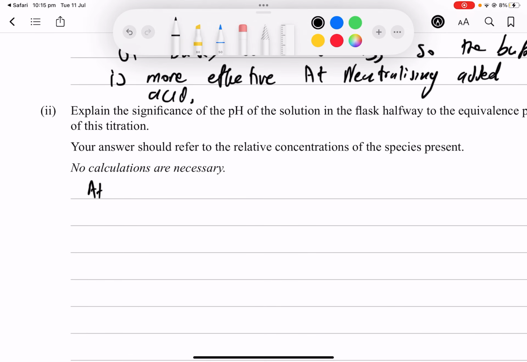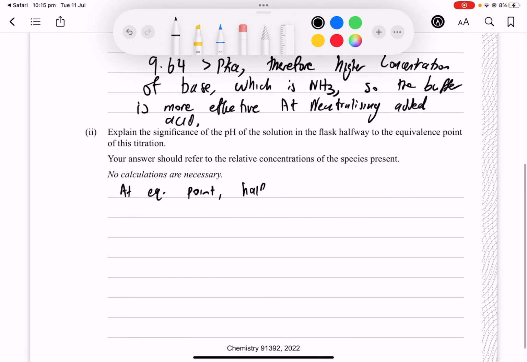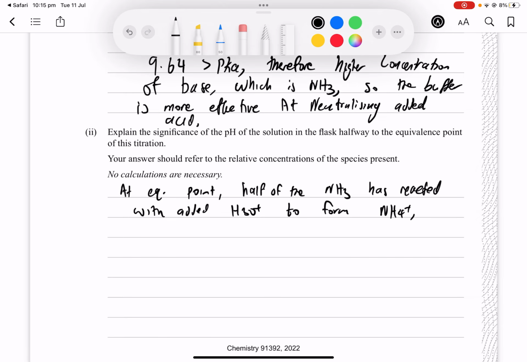So at the point halfway to equivalence, I'm just going to abbreviate. Half of the NH3 has reacted with added acid to form NH4+. So half of the NH3 has reacted with added hydronium to form NH4+. So there's equal amounts of NH4+ and NH3.